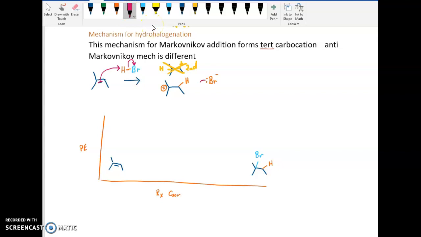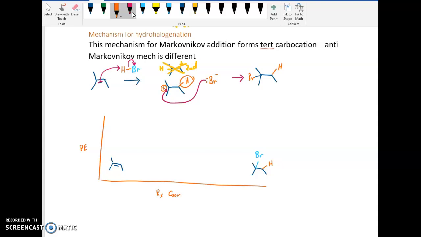These electrons on the bromine are going to come down here and attack that carbon, and so the bromine will end up on the more substituted position. And we don't usually show this hydrogen, but I could show it just for clarity.